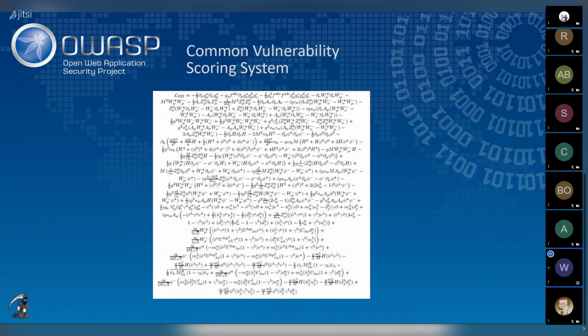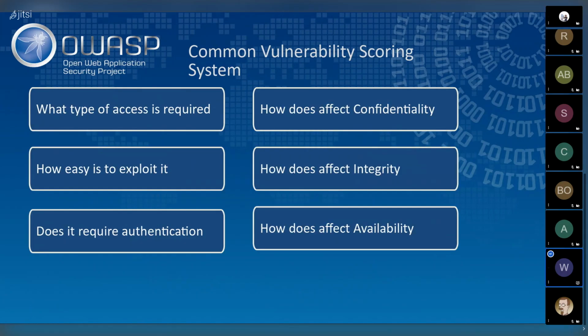Can it be done by an anonymous user, or do you need access to the application, and what access level do you need to exploit it? How does it affect confidentiality, integrity, and availability? Then you collect all those weights, and there's a simple multiplication and addition. Okay, I accidentally switched to the next slide.